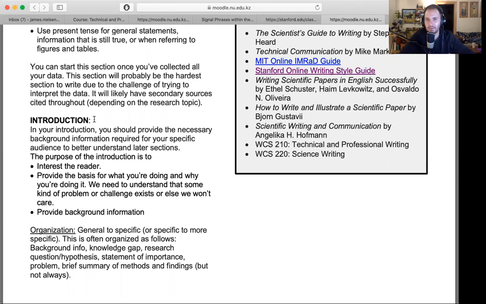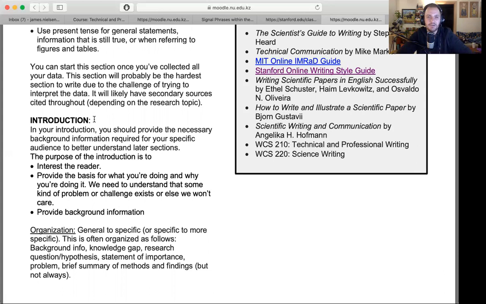Formatted usually similarly in all journals, whereas introductions might vary more. And so they eventually invented this abstract later. I'm not sure when, maybe, does the Scientist Guide to Writing say? I can't remember. Maybe it was the 80s or 90s. And maybe the Scientist Guide to Writing already said all of these things. But suffice it to say, the introduction is still doing a lot of what it did before. And so there's a lot of overlap there, which is going to make it easier for you guys as writers.